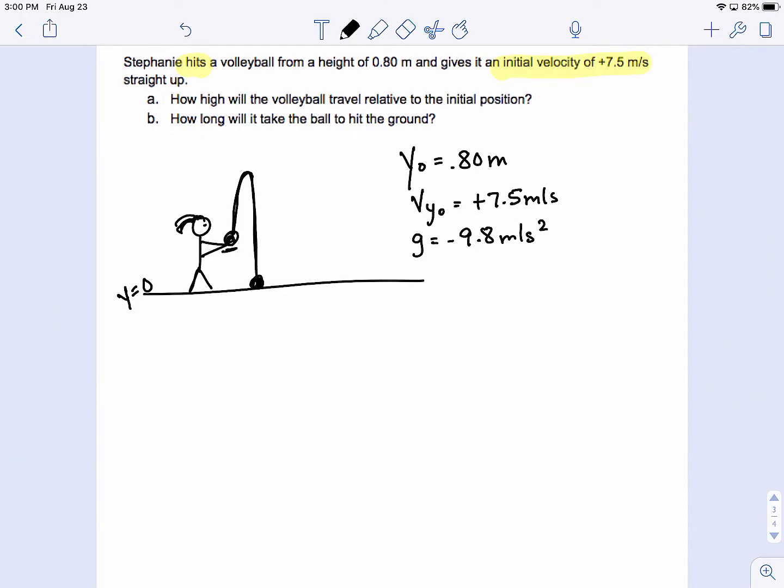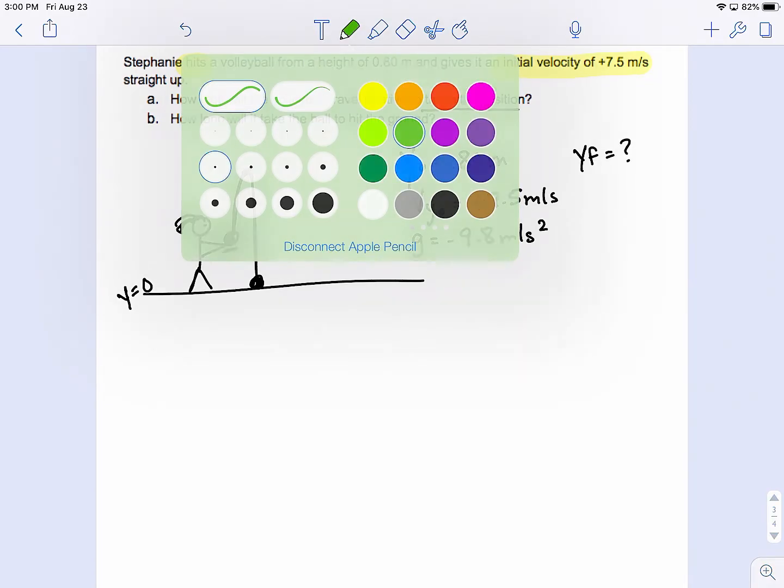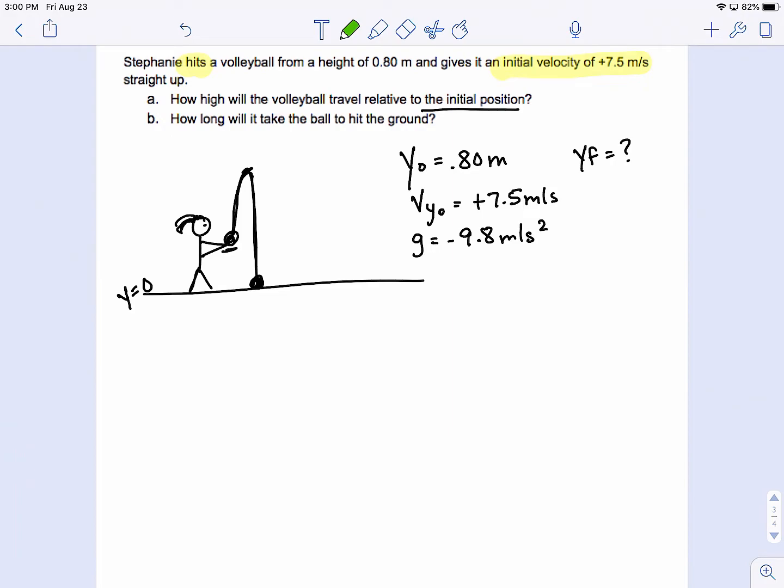We want to know this final position. If we find this final position, that's going to be relative to the ground, and we really want it relative to the initial position, but we can deal with that later. Now there's one more thing that we know that maybe is not specifically told to us, and that's the velocity.